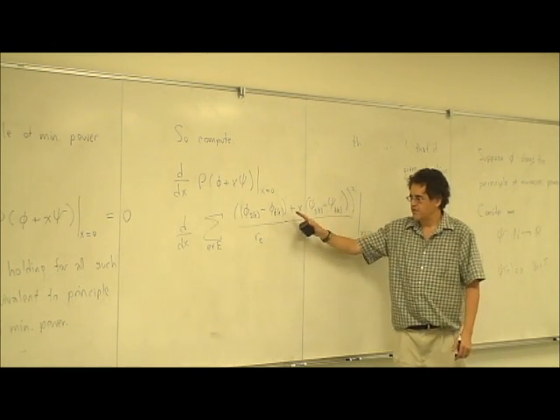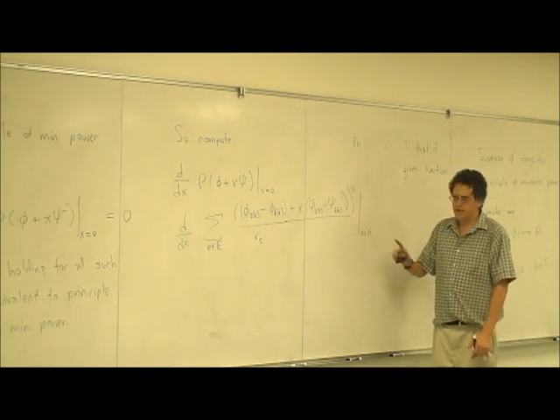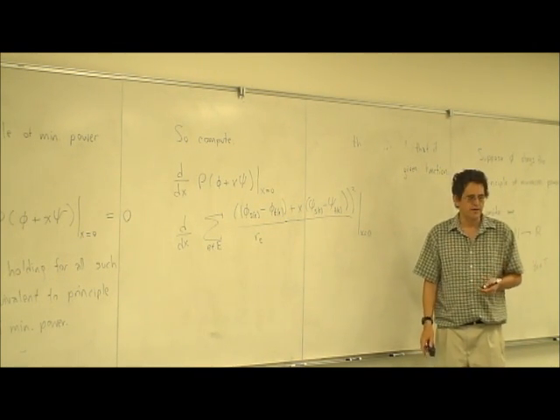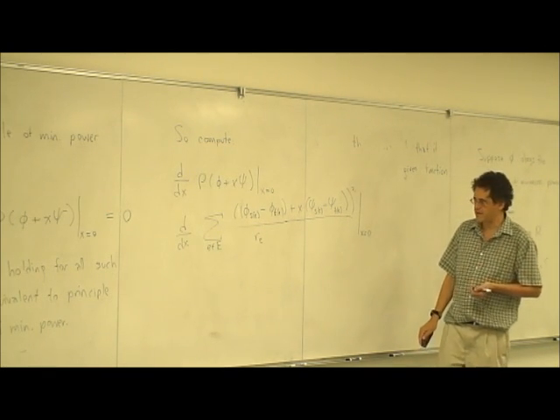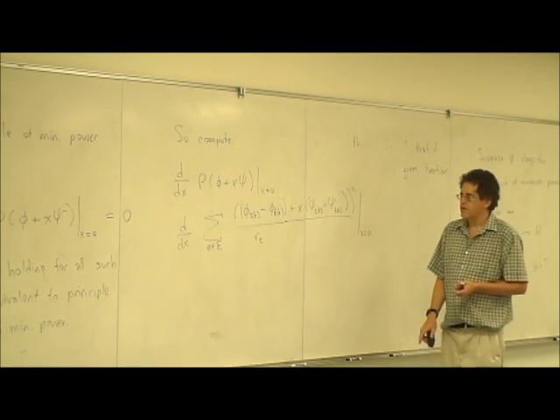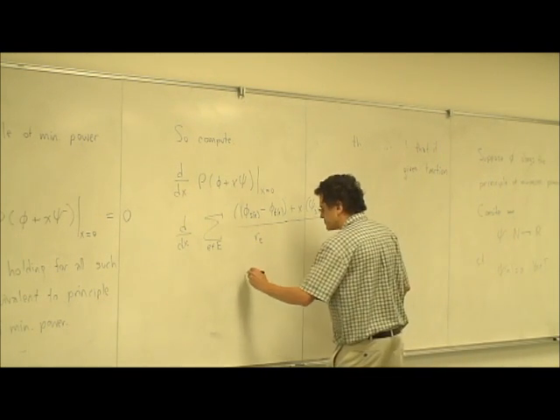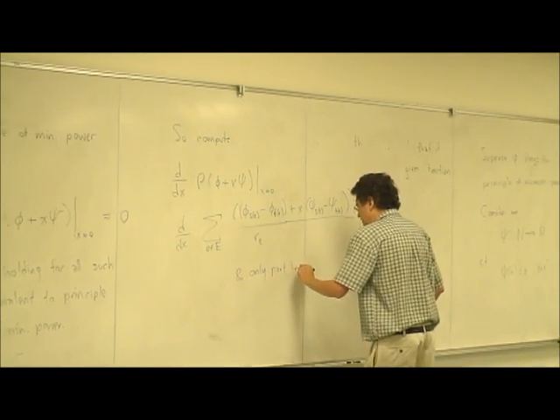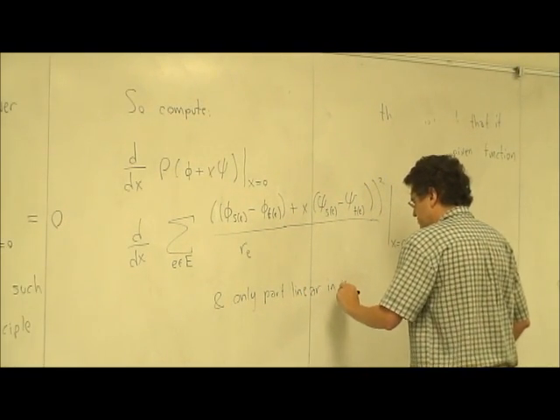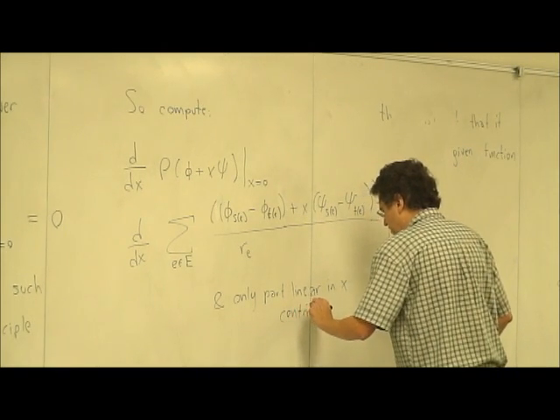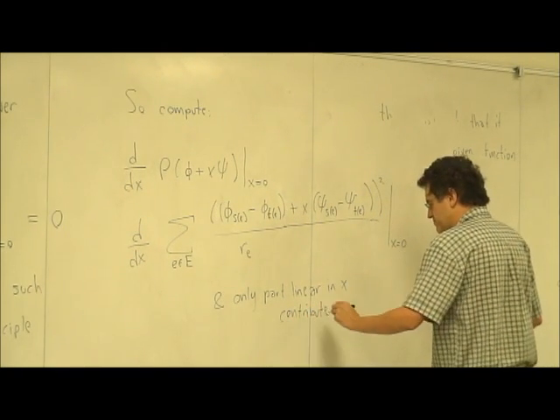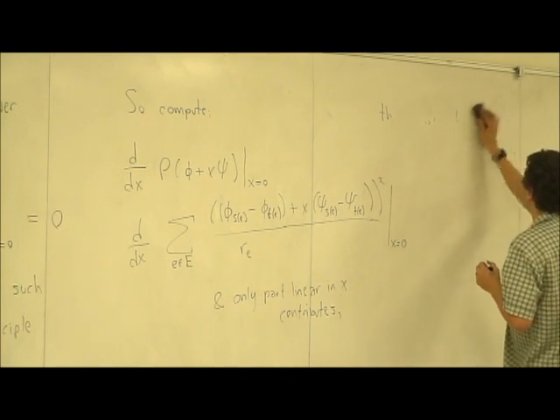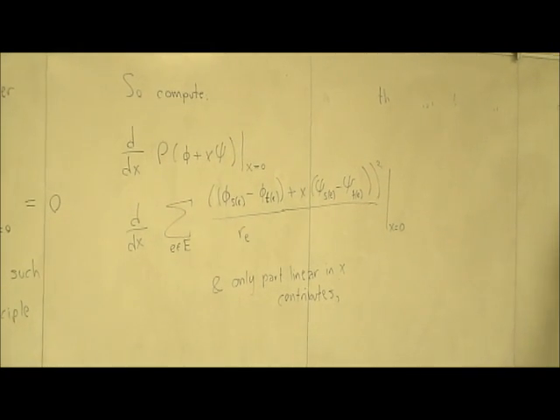Because you're going to differentiate it at x equals 0. So if you differentiate x squared at x equals 0, it doesn't give you anything. If you differentiate a constant at x equals 0, you don't get anything. So it's only the linear part that matters. So only the part linear in x contributes. And of course, linear functions are especially easy to differentiate. Namely, you just remove the x.